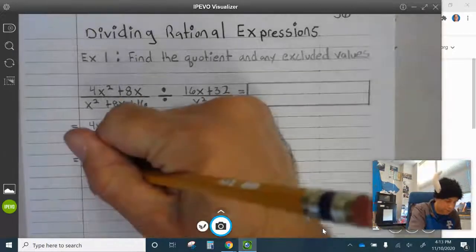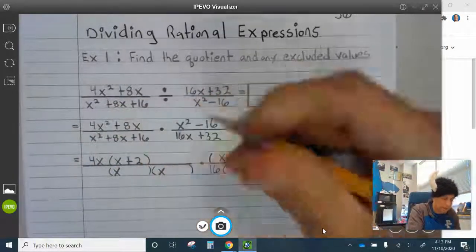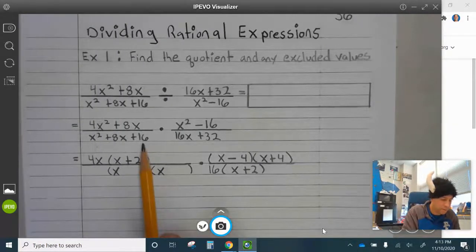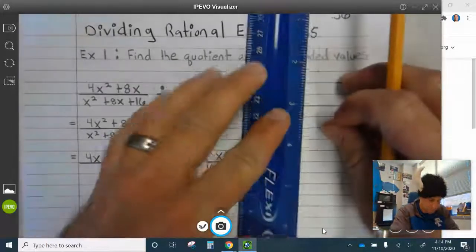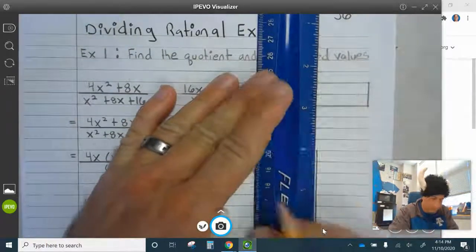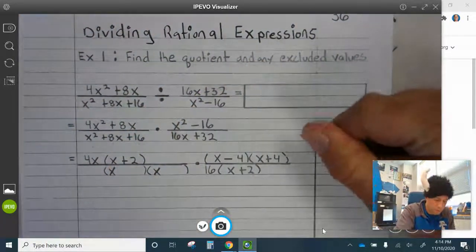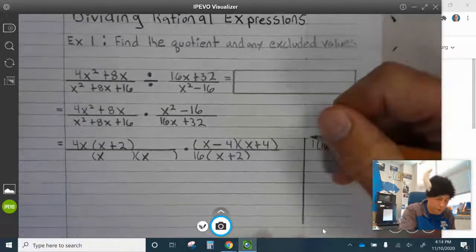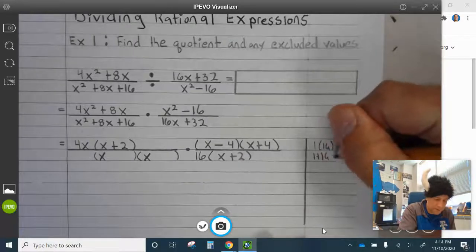We know that x and x makes x squared. Now we need to find out what number multiplies to give you 16 and combines to be 8. Okay, so let's do that now. We know that 1 times 16 is 16. 1 plus 16 is 17.